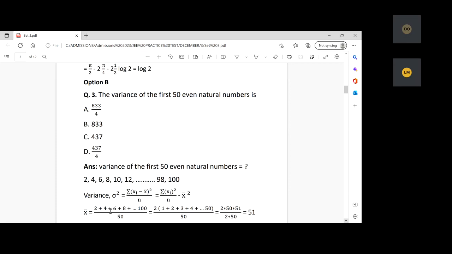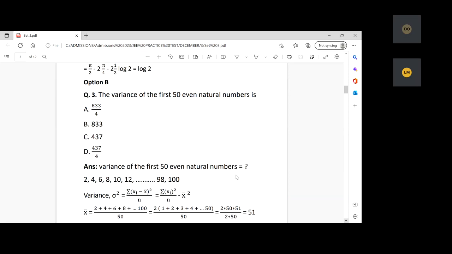So if you have this single formula, it's really easy to solve this question. So how many numbers will be there? Variance of first 50 even natural numbers. What will be the range? What will be the series? It will be something like it starts with 2, 4, 6, 8, up to 100. It will go like that, right?